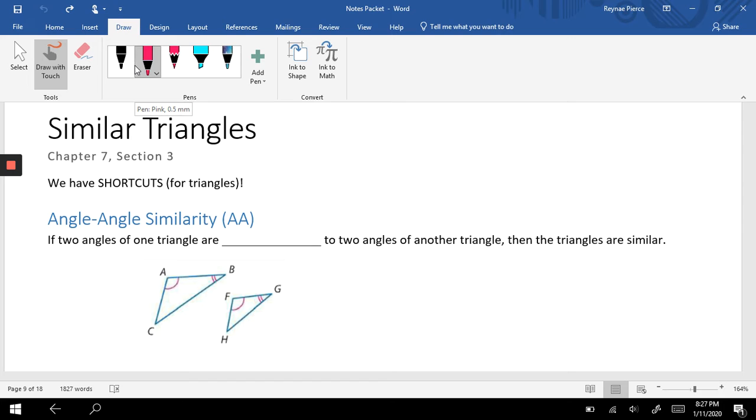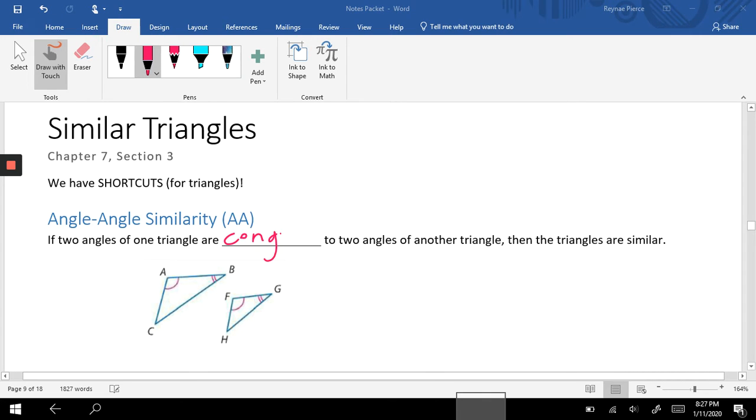And for two triangles to be similar, we only need to know that two pairs of corresponding angles are congruent, okay?